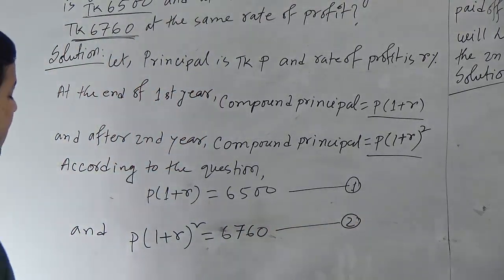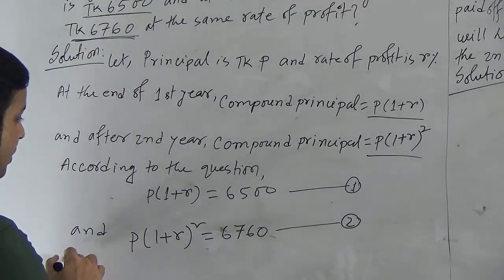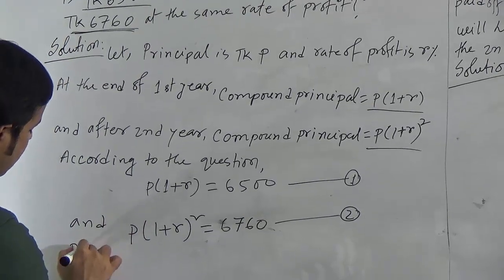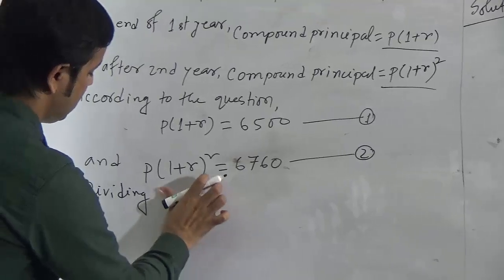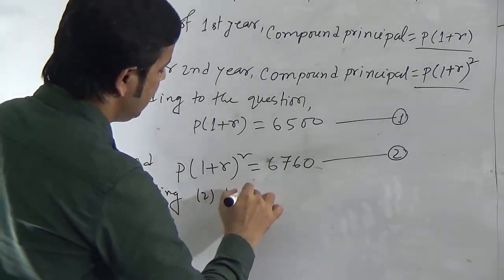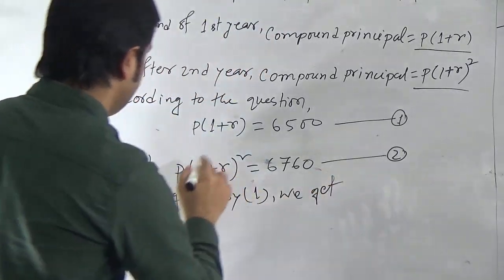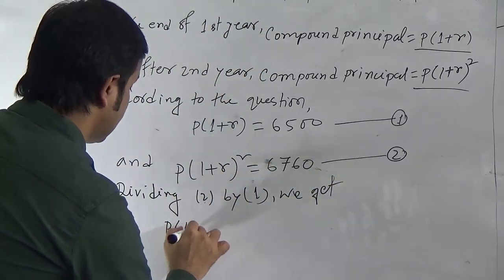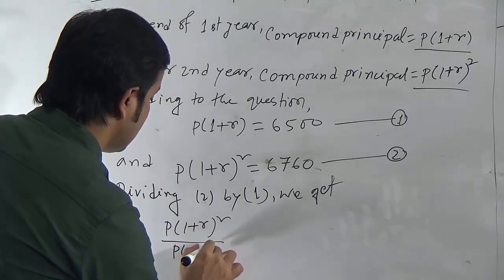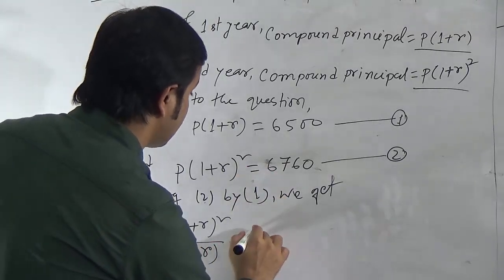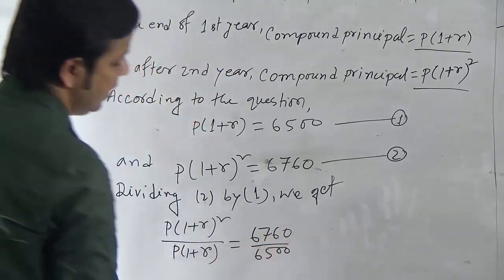Now if we divide equation 2 by equation 1, what will you get? Observe, dividing equation 2 by equation 1, we get P into 1 plus R whole square divided by P into 1 plus R, equal to 6760 divided by 6500.